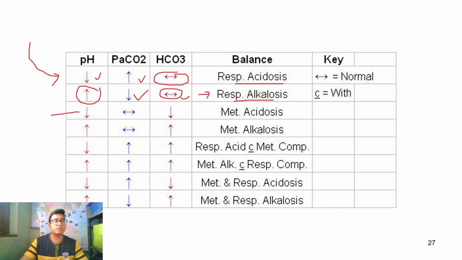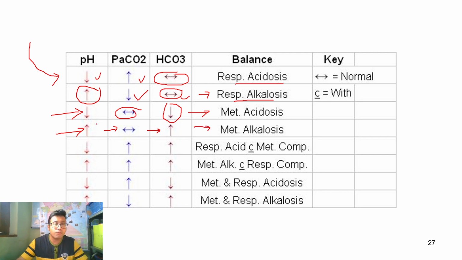Next, look at this problem. If pH is low, means again acidosis, PCO2 normal but bicarbonate low, means metabolic acidosis. It should be very clear. Next, pH is high, PCO2 normal, no respiratory component, and bicarbonate is also high, so it is metabolic alkalosis.